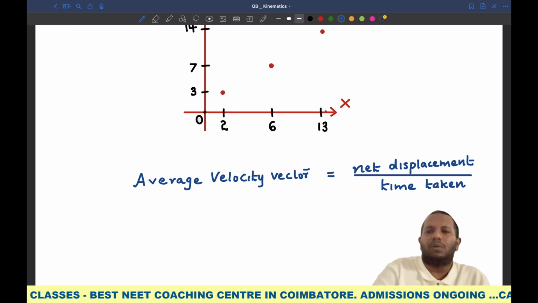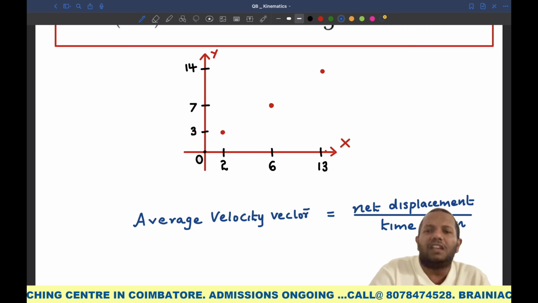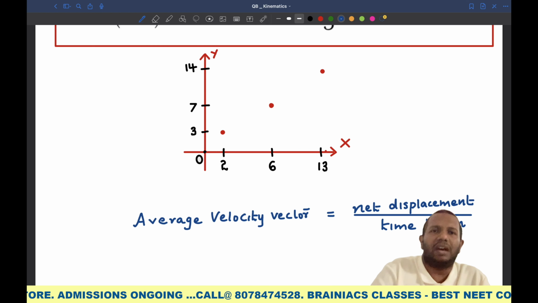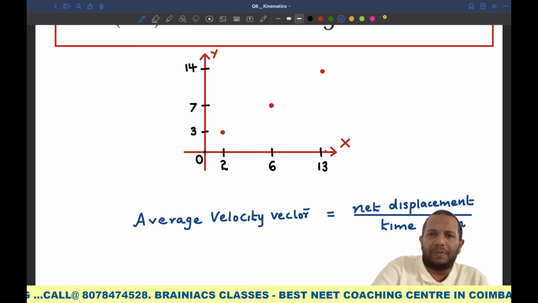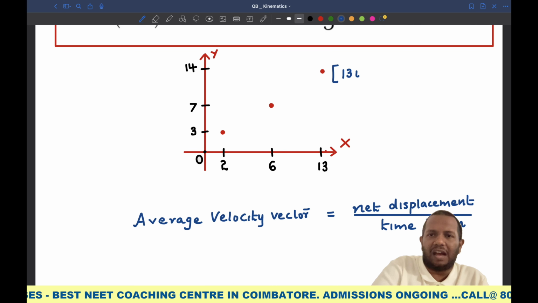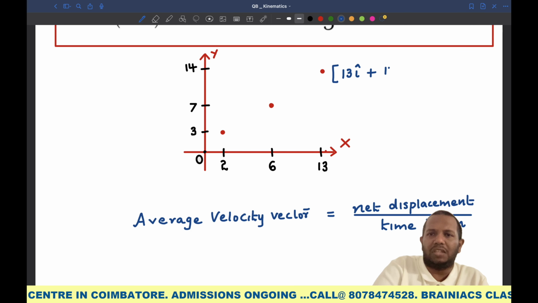So what is net displacement here? We know that net displacement means final position minus initial position. So how can I represent the final position? I will put a bracket and represent it. The final position here is 13i plus 14j, correct?